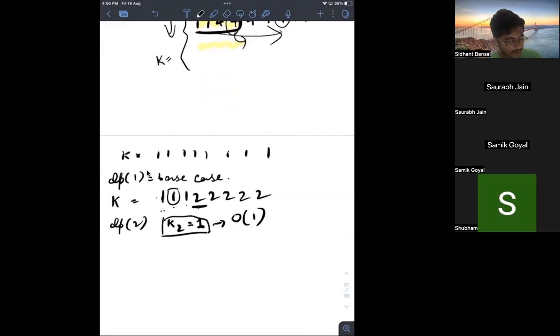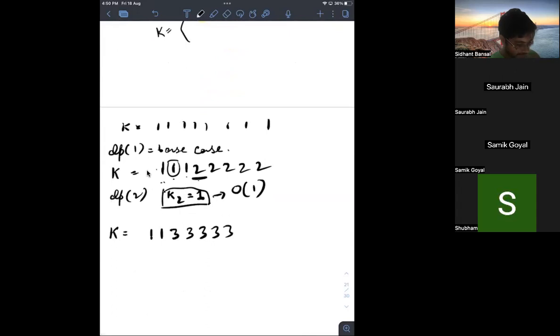Now you'll fix this array again, your K array, and introduce 3. Maybe after introducing 3, your array becomes like this. My bad. Actually, let me just make this example like this so that it's better crafted.